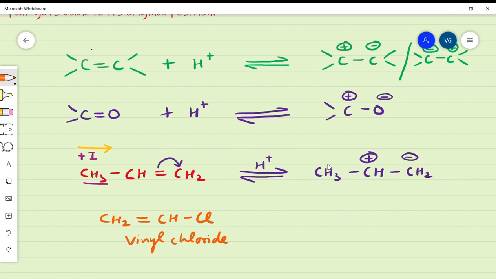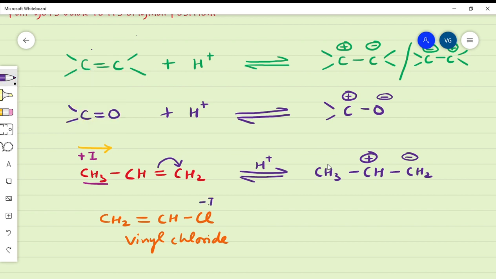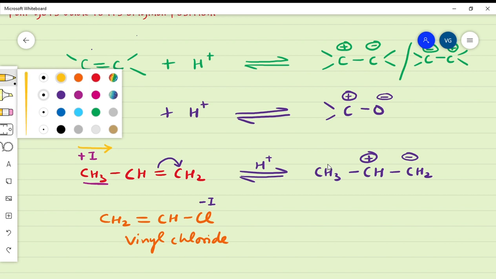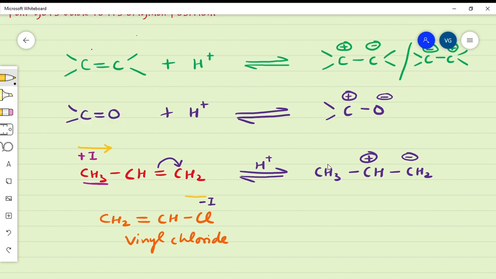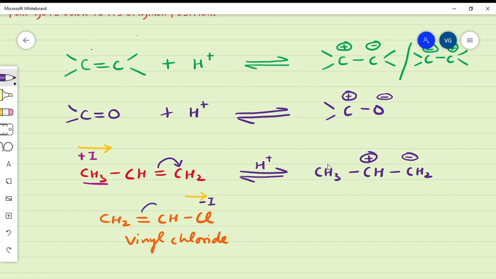So it is the monomer of that polyvinyl chloride. So here chlorine is showing minus I effect. Minus I effect means electron withdrawing nature. So here chlorine is pulling electron density. So this is the direction of inductive effect, or you can say the direction of electron movement. Now the electromagnetic effect will have the same direction. So let me put the arrow. So this is the situation.